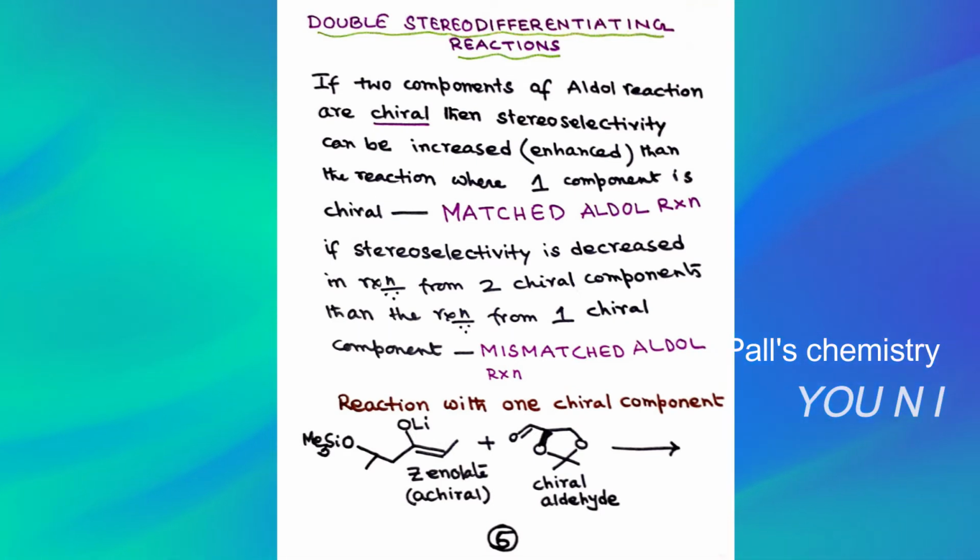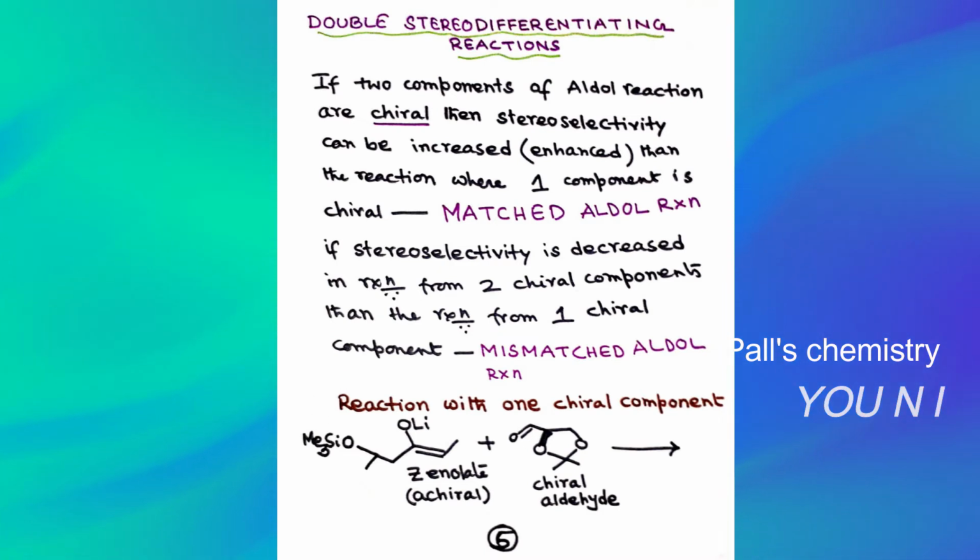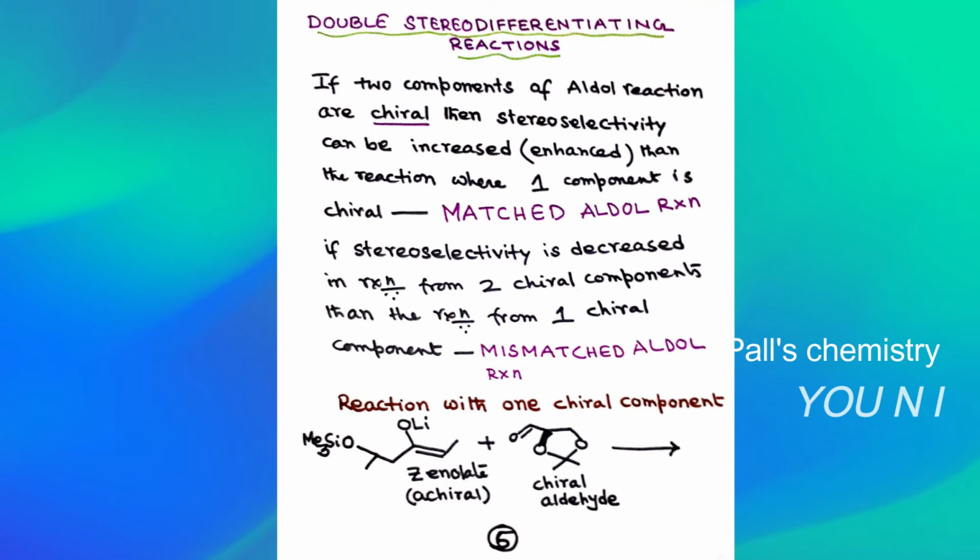Now, as we are trying to apply this concept in case of the aldol reaction, this is an example of double stereodifferentiating aldol condensation reaction. In order to understand whether it is an example of matched or mismatched aldol reaction, first we have to perform one aldol condensation reaction where one component is chiral.